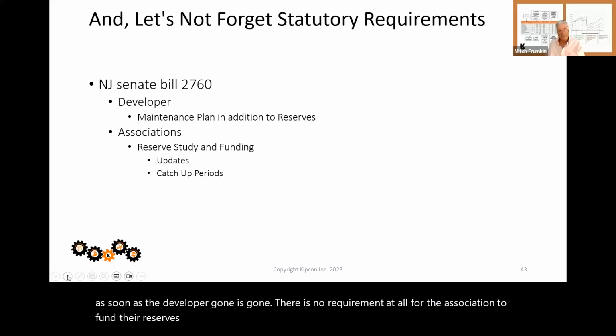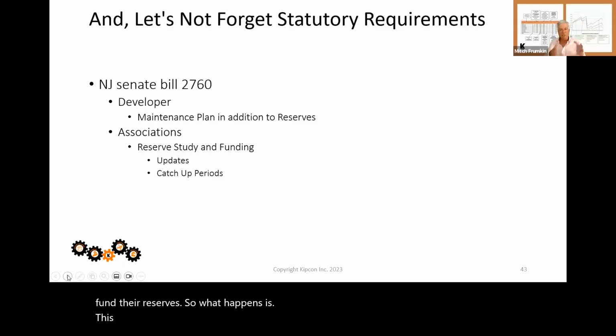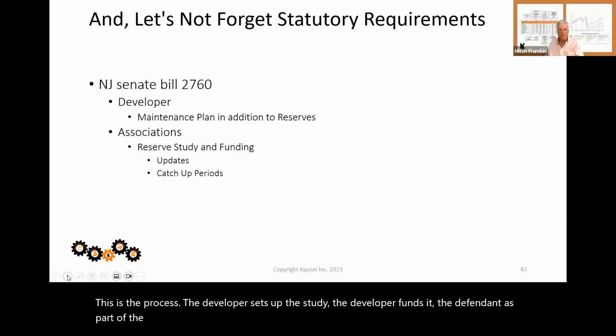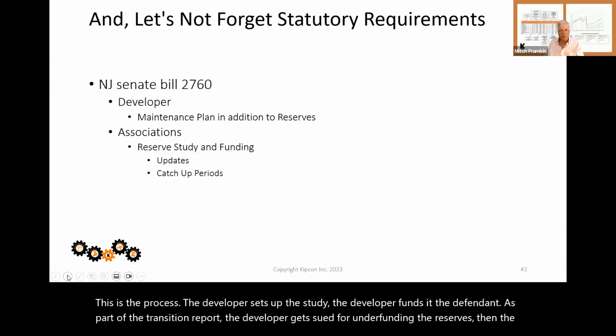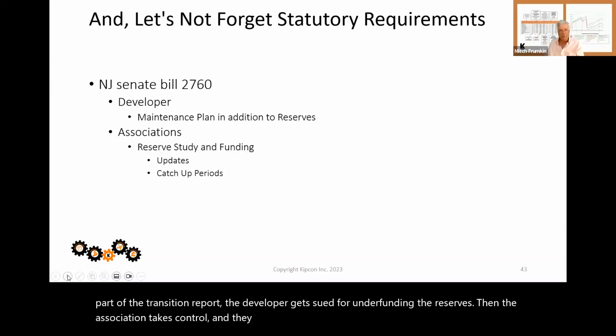So this is the process. The developer sets up a study, the developer funds it, then as part of the transition report, the developer gets sued for underfunding the reserves, then the association takes control and they don't fund the reserves. It's kind of crazy, but that's the kind of thing that happens.